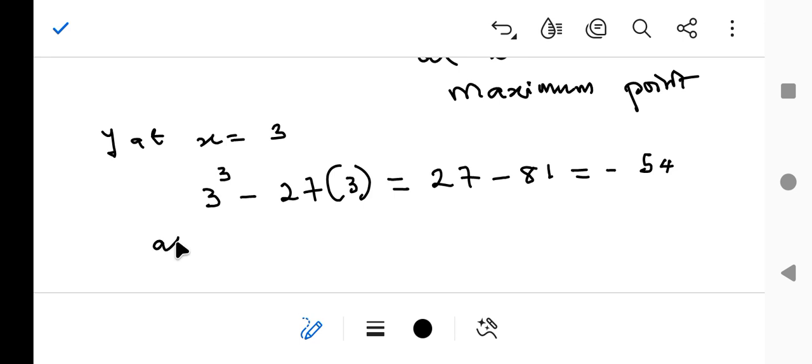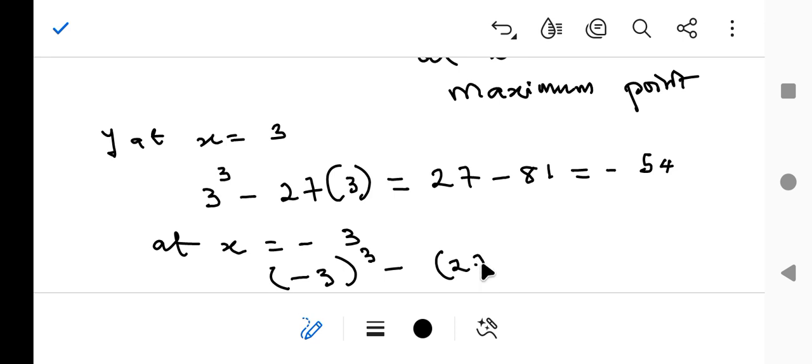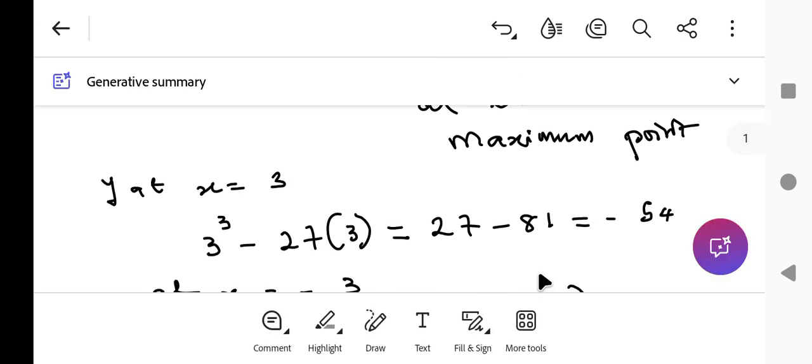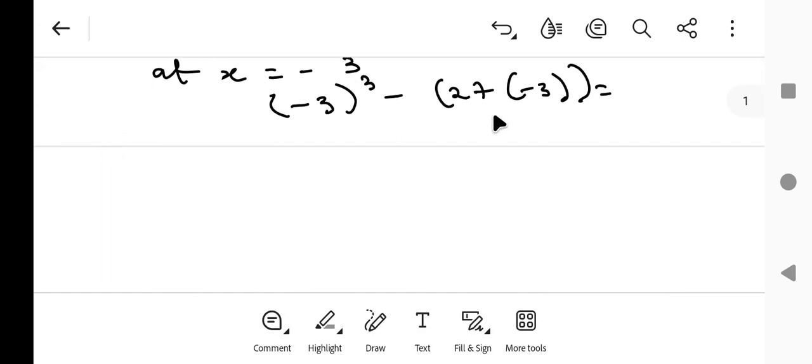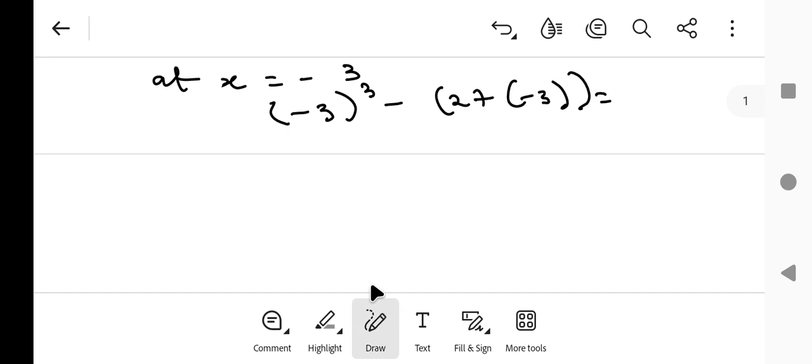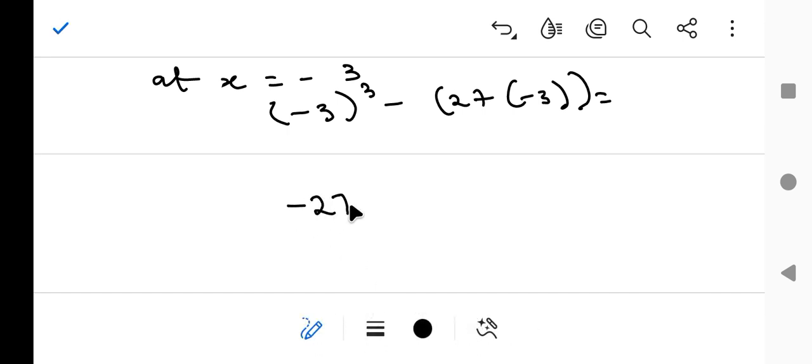Similarly, at x is equal to minus 3, we have minus 3 cubed minus 27 into minus 3. So be careful about the sign. Here minus minus should give us positive. So we're going to get minus 27 plus 81.